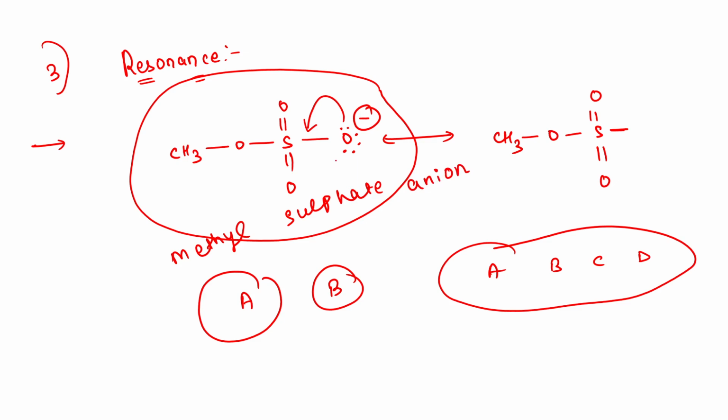Since its electrons are delocalized, the electrons of oxygen are delocalized, and hence this methyl sulfate anion is very stable. Since it is very stable, it will not be very reactive, and hence methyl sulfate anion is acting as a good leaving group. Okay, so these are some of the factors which are influencing the leaving group ability.